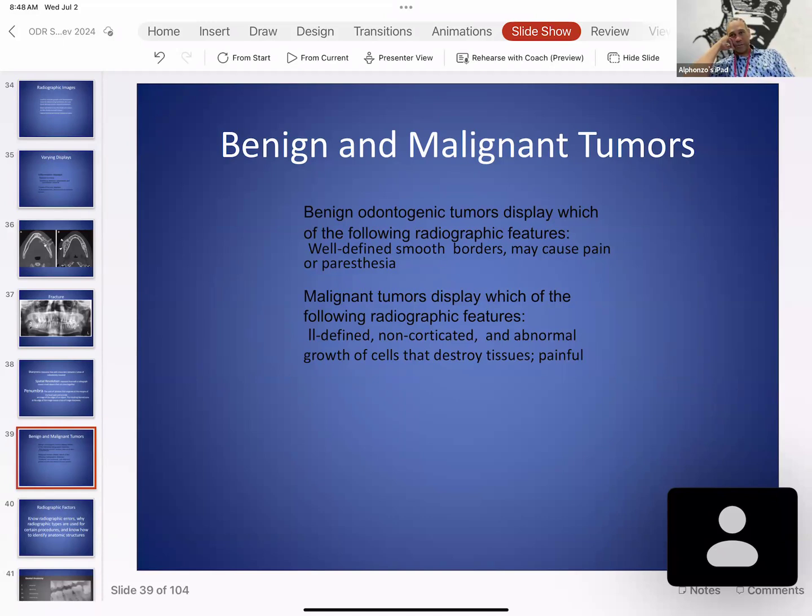So go into your textbook and take a look at benign and malignant tumors and make sure you understand the definitions, and then understand how teeth can be displaced with benign tumors and how teeth can be displaced with malignant tumors.